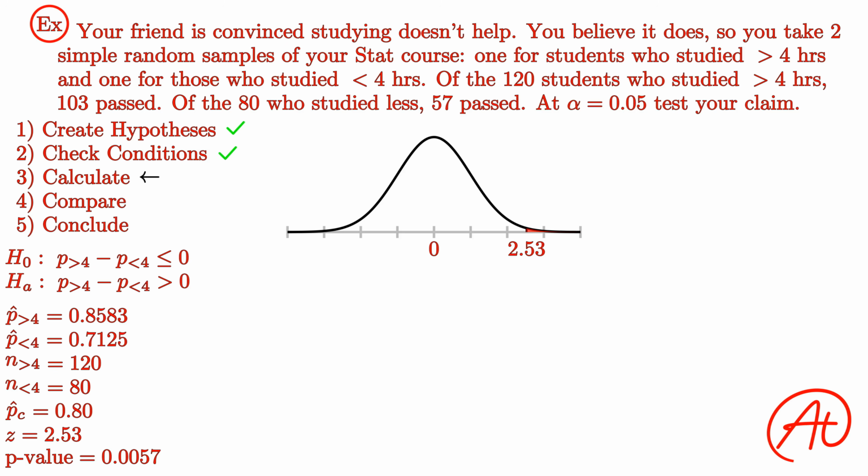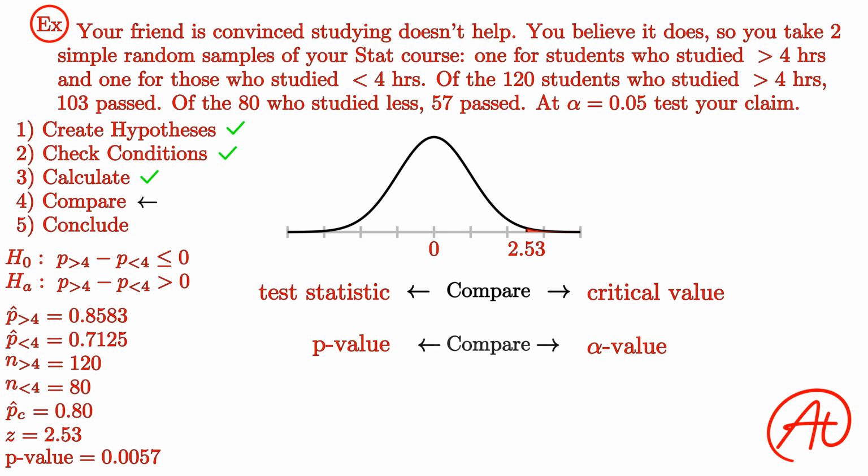Now that we have our test statistic and p-value, we can compare these to our critical value or alpha value. As a reminder from my previous video, to make this comparison, you can either compare the test statistic to your critical value or the p-value to your alpha value. Since we have our alpha value given in the problem and we just calculated our p-value, let's compare those two.